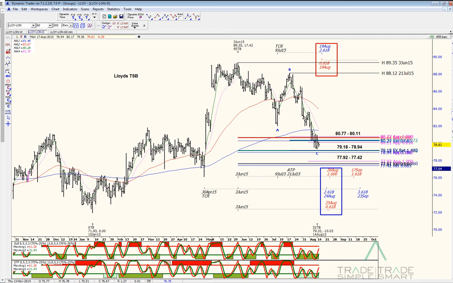If you want examples of this, you can look at some of our previous reviews where we show how we plot high probability targets outside the structure of an AB equals CD pattern. So once the correction has ended, we'll be expecting price action to reach beyond 89.35 at a minimum.